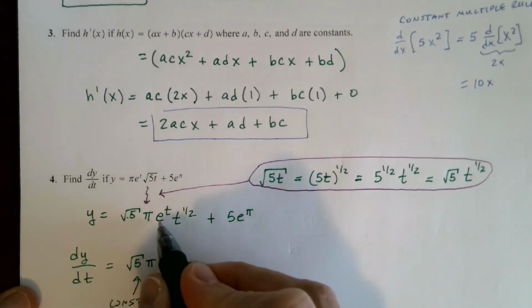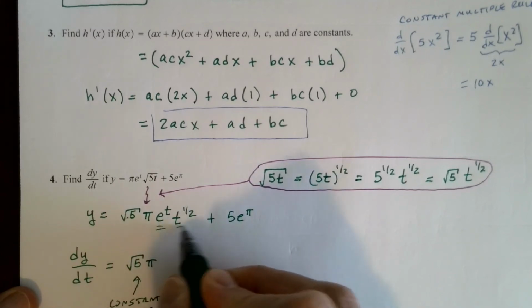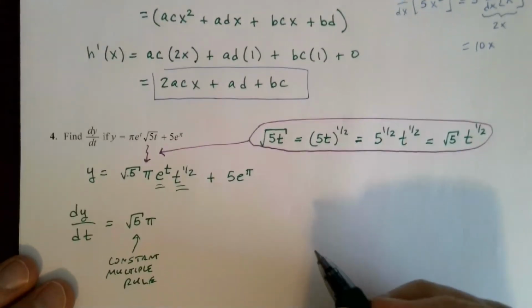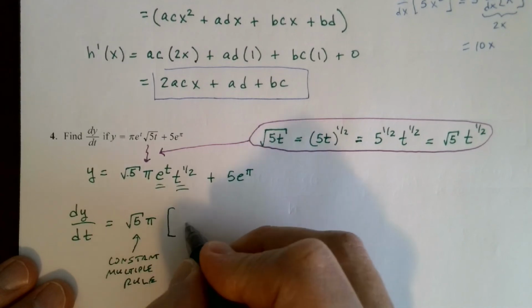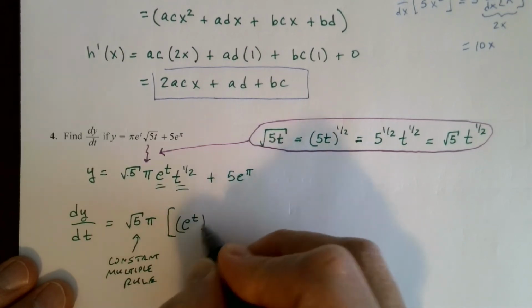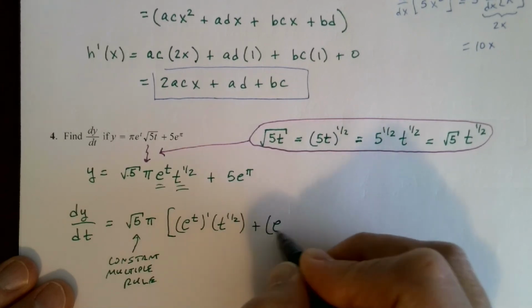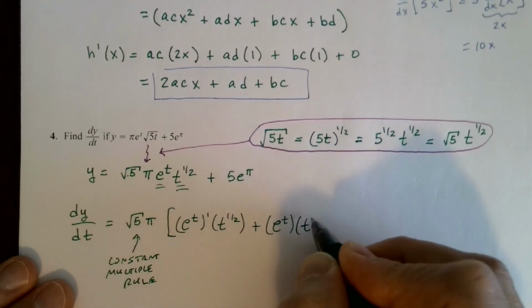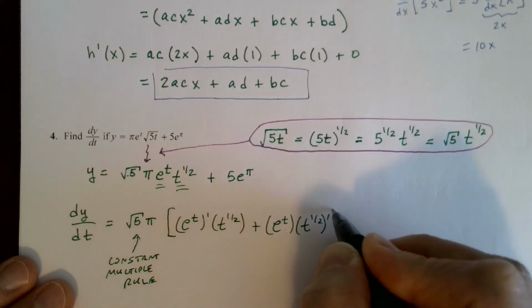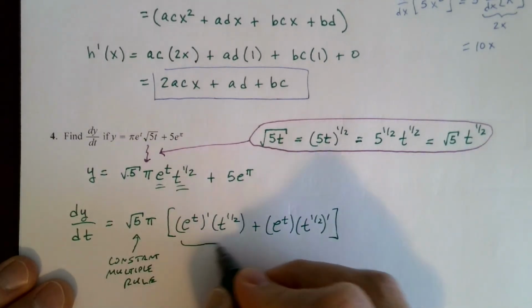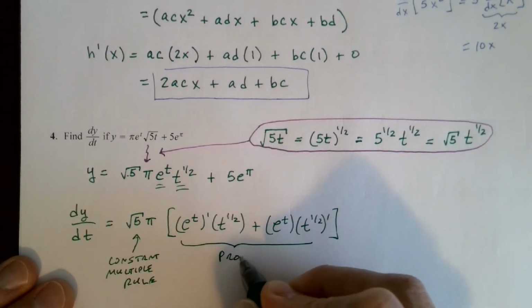The derivative of e to the t times t to the 1/2. So what do I have to use there? That's a product rule, right? So I take the derivative of the first thing times the second plus the first times the derivative of the second. Right? So this is, again, the product rule.